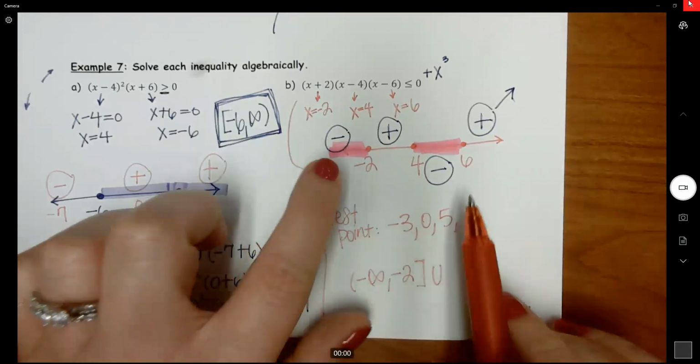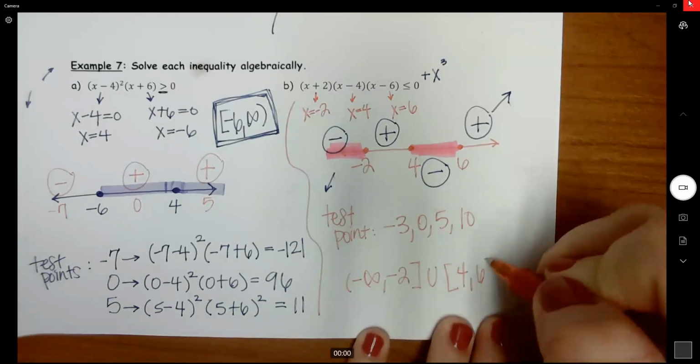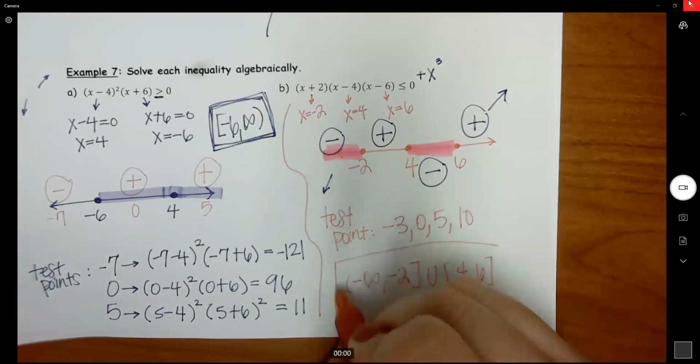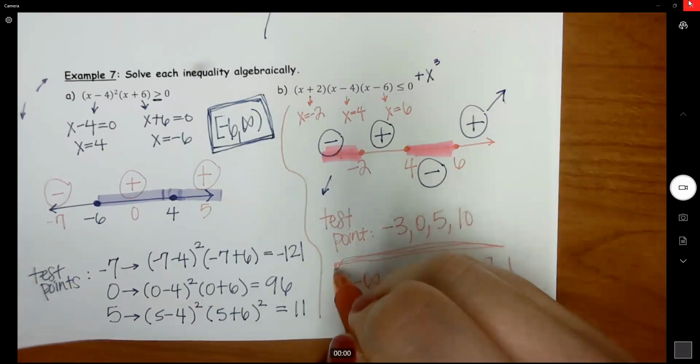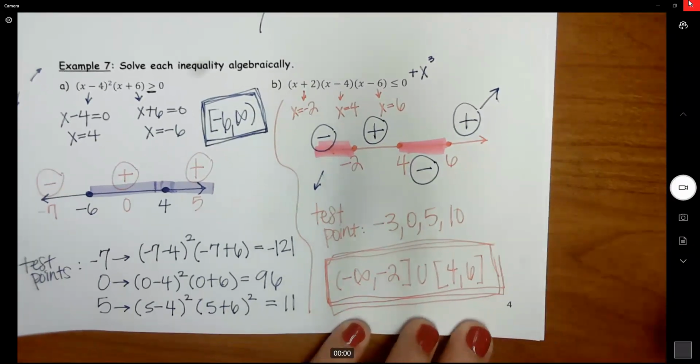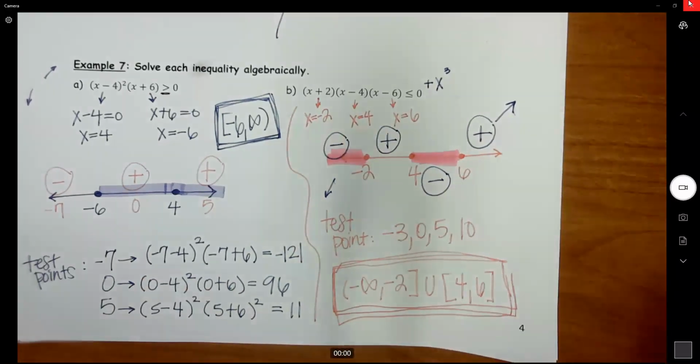And then I will have the union, got 2 different sections, 4 to 6. And if you use your graphing calculator and just put that in, you should also be able to see exactly this.